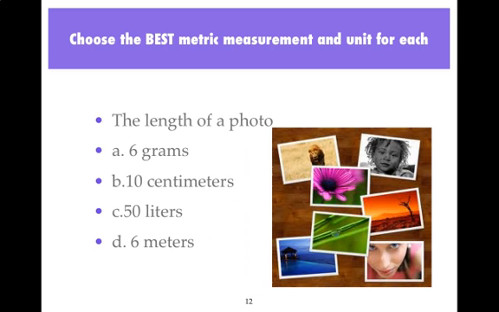Next would be the length of a photo. We're talking about just a normal size photograph here. Okay, so look at your answers and pause the video and then come back once you've answered. Okay, hopefully you said that a normal size photo should be 10 centimeters. This is actually a really small photo if you're talking about 10 centimeters, but it's the best answer out of all of them.